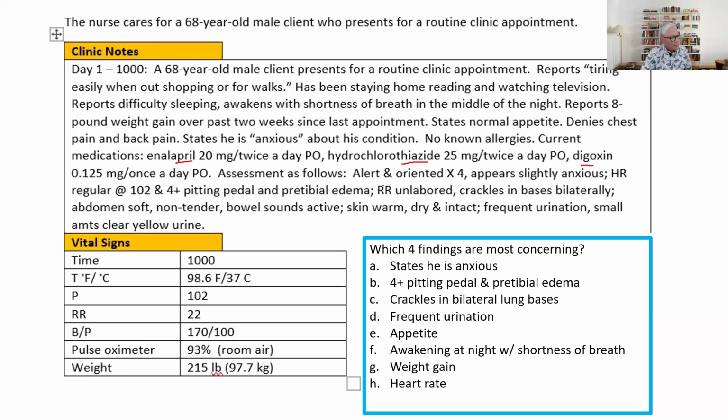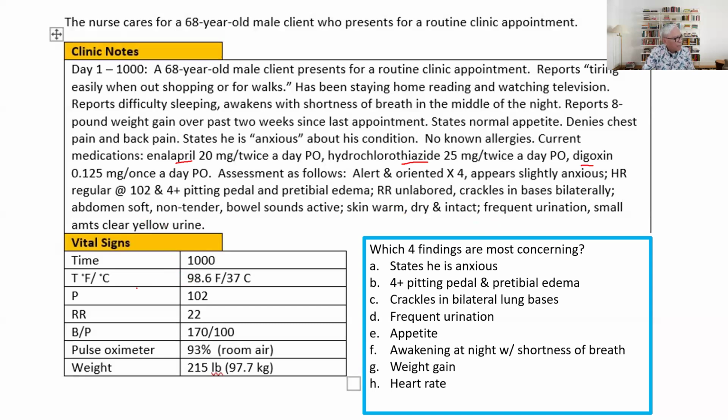Your assessment: the patient is alert and oriented, appears slightly anxious, heart rate regular at 102, and 4+ pitting pedal and pretibial edema. The respiratory rate is unlabored, crackles in the bases bilaterally. Abdomen is soft, non-tender, bowel sounds are active, skin warm and dry and intact, frequent urination, small amounts of clear yellow urine.